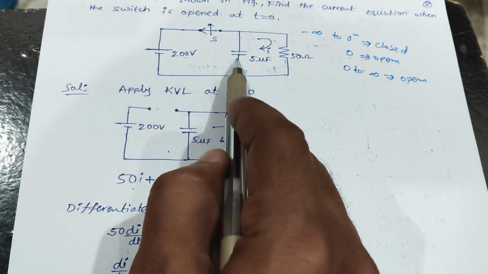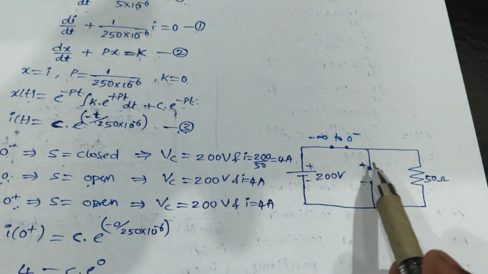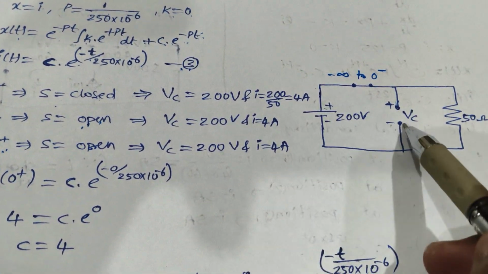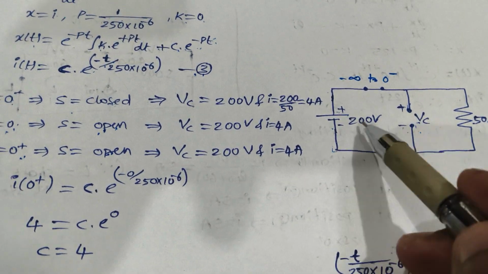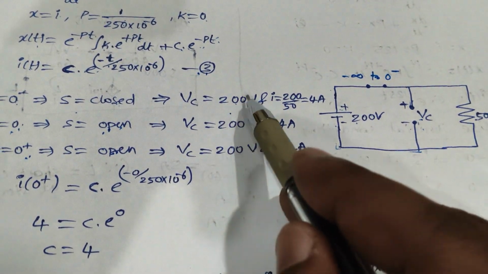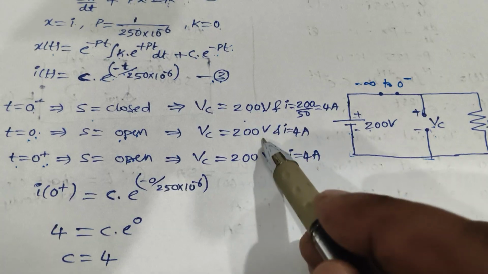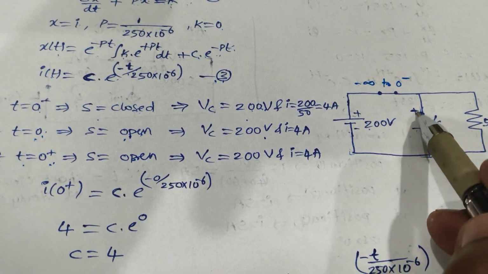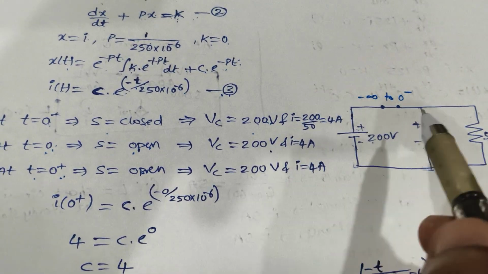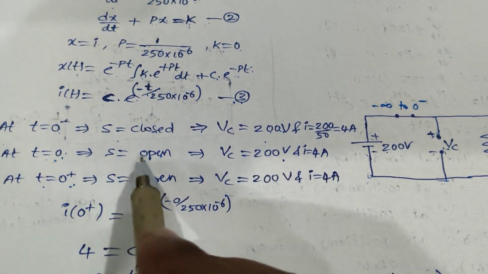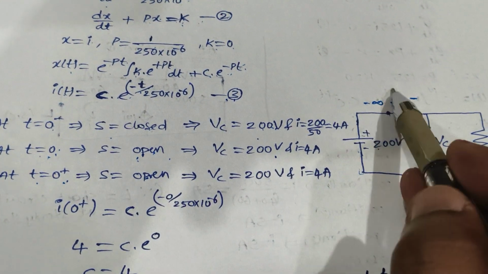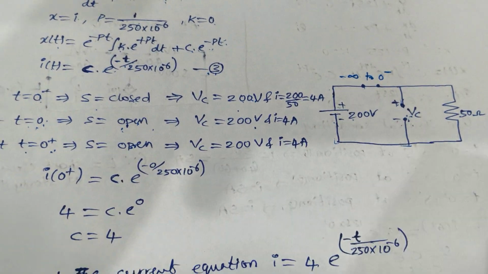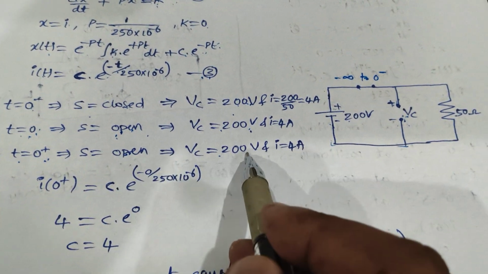So the plus is connected to the plus of the supply, minus to the minus of the supply. Vc is equal to 200. Voltage across capacitance is equal to 200. Under transient, the capacitor will carry the same voltage and does not allow a sudden change in voltage. That means even when the switch is open, the capacitance voltage will be the same, 200 volts.